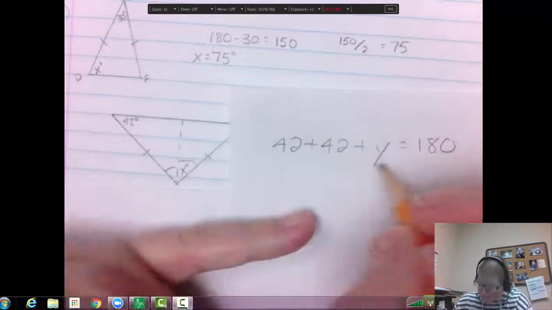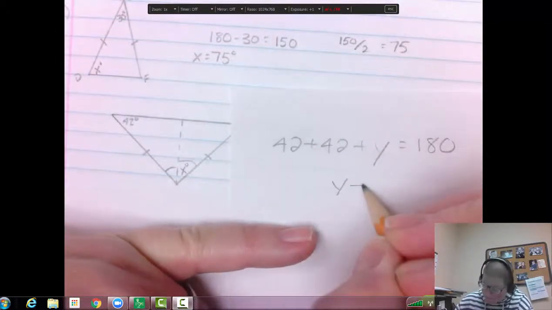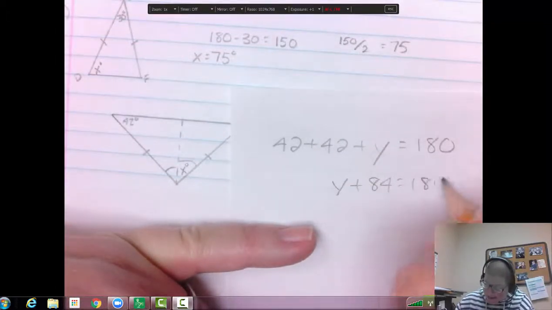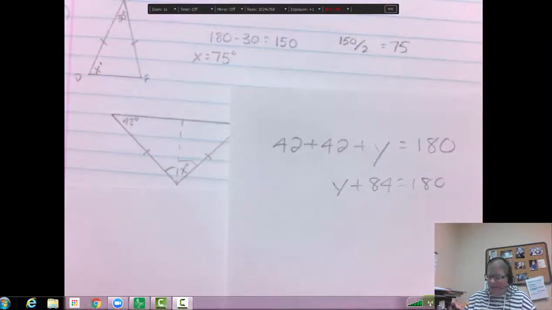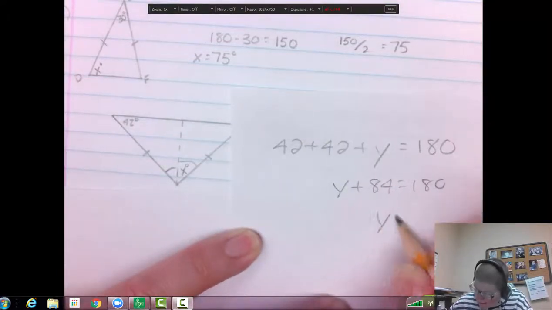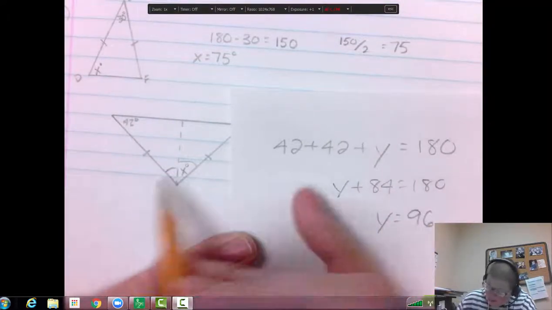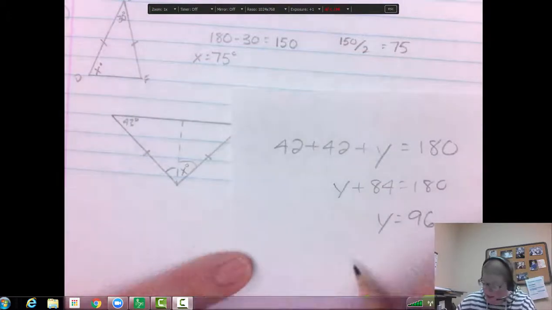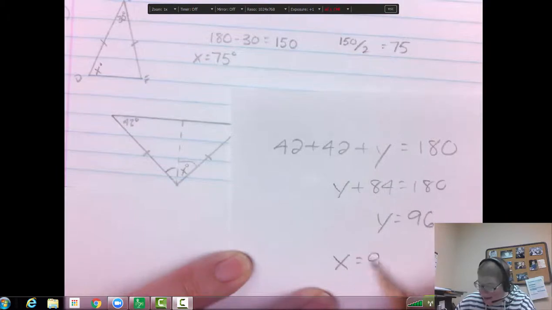So I'd have y plus 84 equals 180. 180 minus 84 is 96. So we got y equals 96, so we know the whole thing is 96. And so we know that x is equal to 96 divided by 2, which gives us 48.